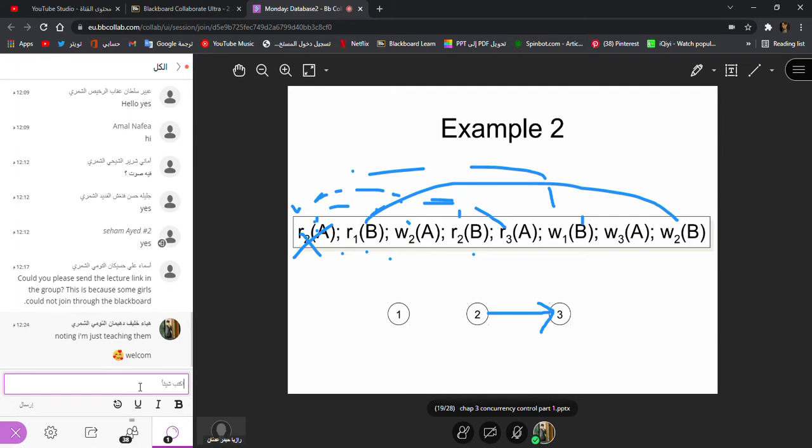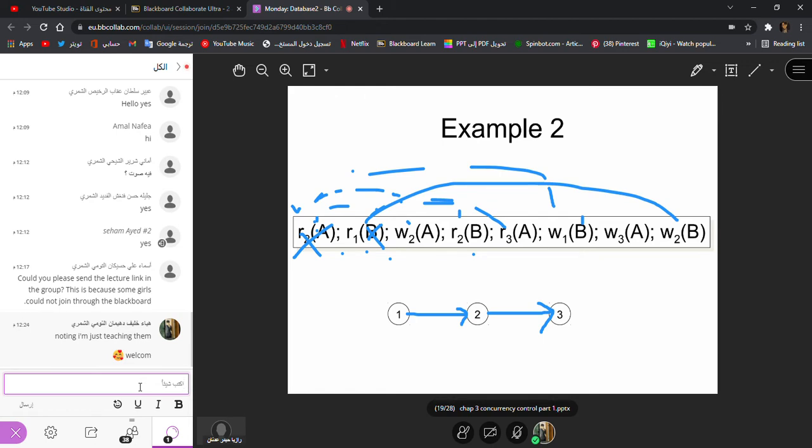Go and see in that slide. So it is going from 1 to 2, so I will place an arrow here. Now this one is finished. Go here and check with all the others. Quickly I see here, transaction 2 writing on A, reading B, no conflict.